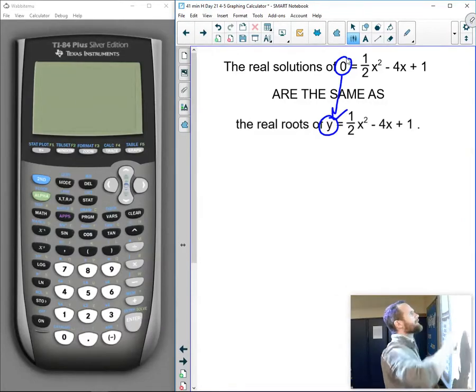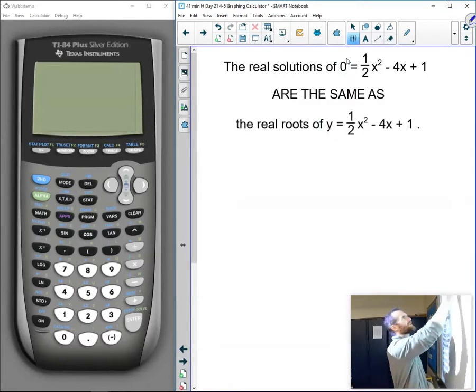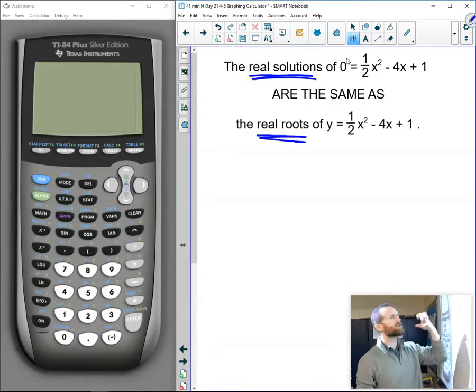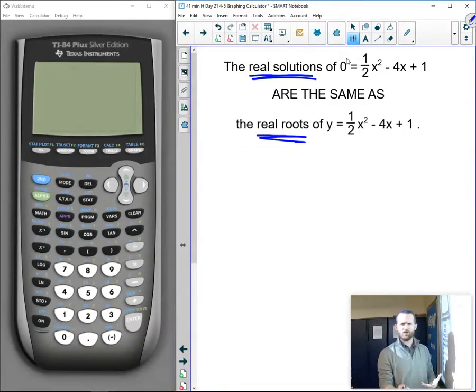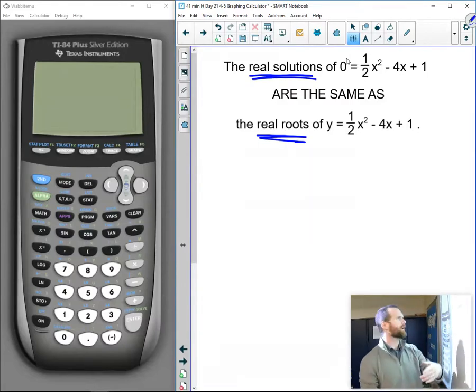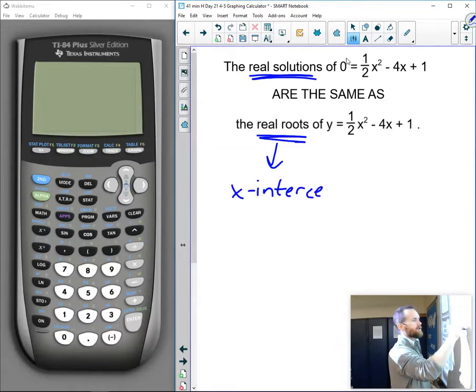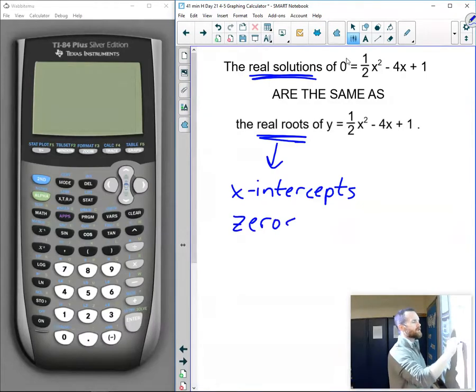And the other change is that it changed from real solutions to real roots. So it's saying the real solutions of the equation are the real roots of this function, y equals that whole expression. Now we have to remember what real roots are. Real roots are the x-intercepts of the function. Another word for that is the zeros. So real roots, zeros, x-intercepts, they all mean the exact same thing.